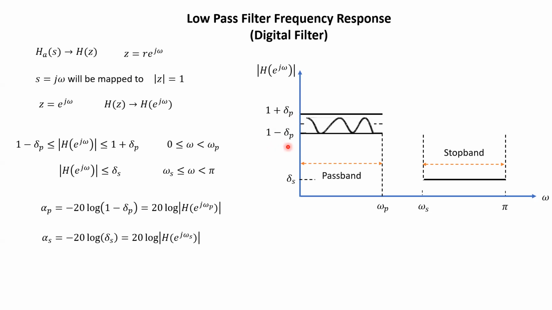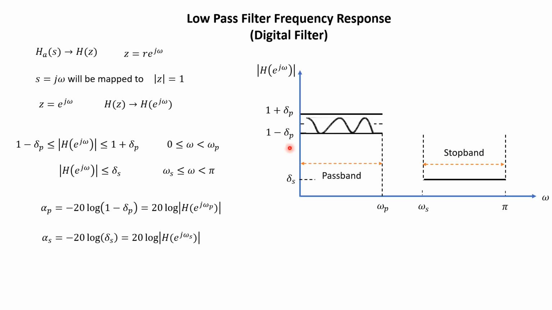We don't bother about the maximum gain, you remember. The maximum gain can be 1, or 1 plus delta p. We have to bother about the minimum gain: within the pass band, the gain should not fall below 1 minus delta p. That we have to take care.